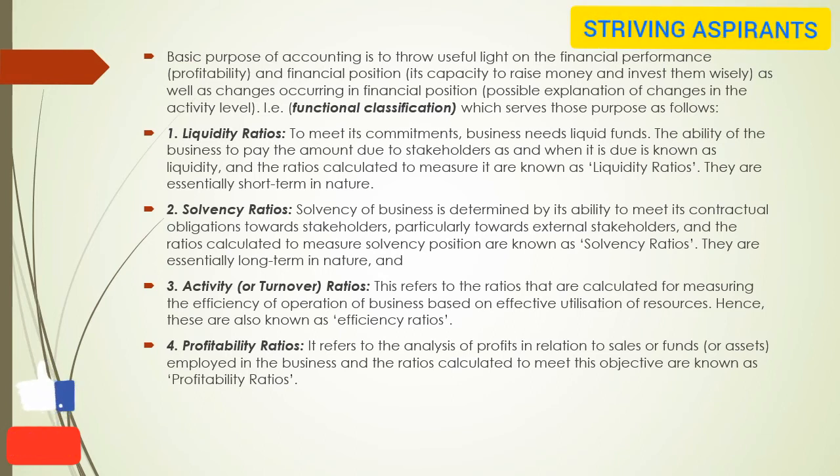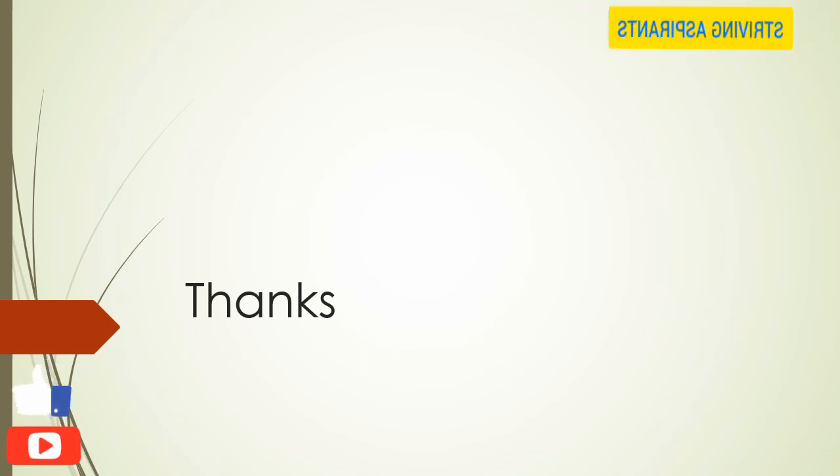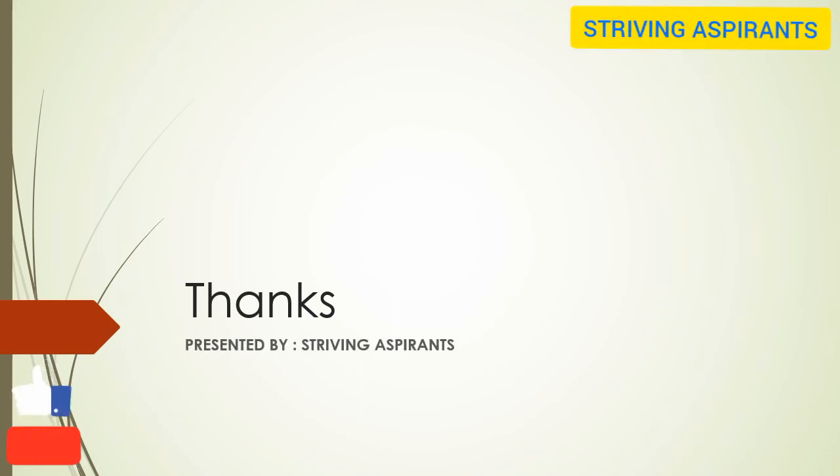In the next video presentation, we will be checking the important classification, that is functional classification: liquidity, solvency, activity, profitability. These all need to be checked with sufficient examples. So in the upcoming video, we will be looking into the liquidity ratios with examples.